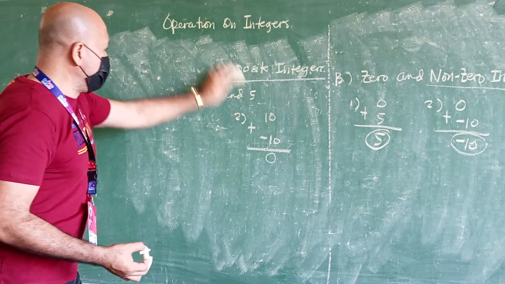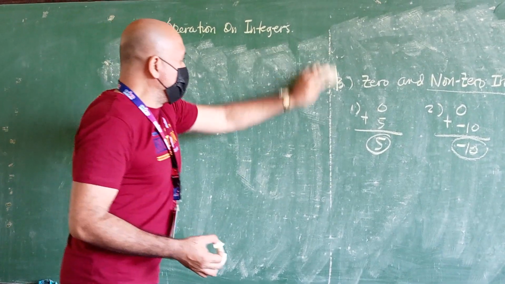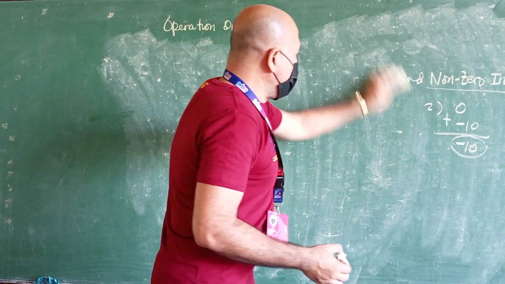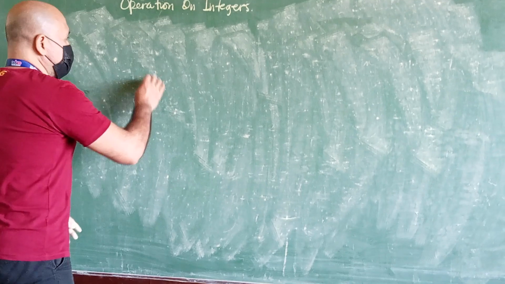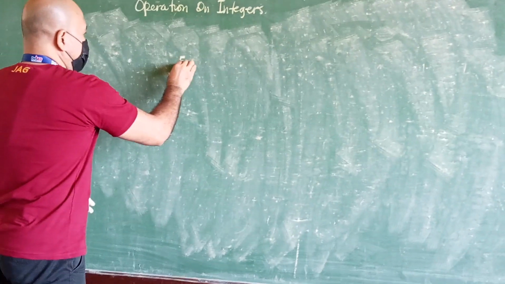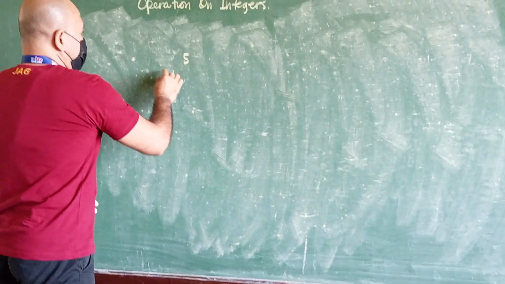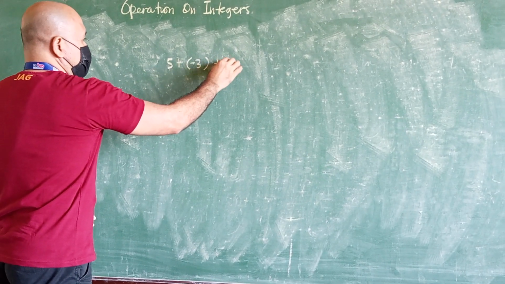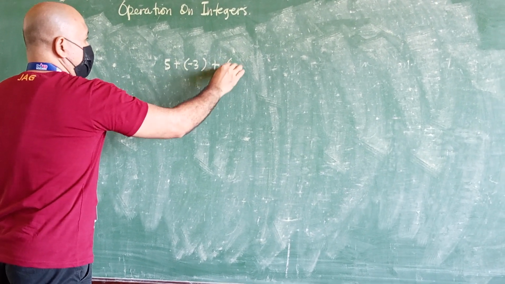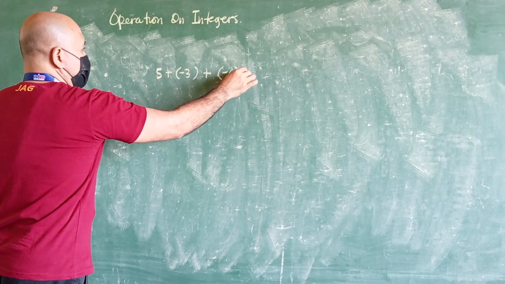Okay, as a final example and concluding part of this discussion, supposedly we have positive 5 plus negative 3 plus negative 6.